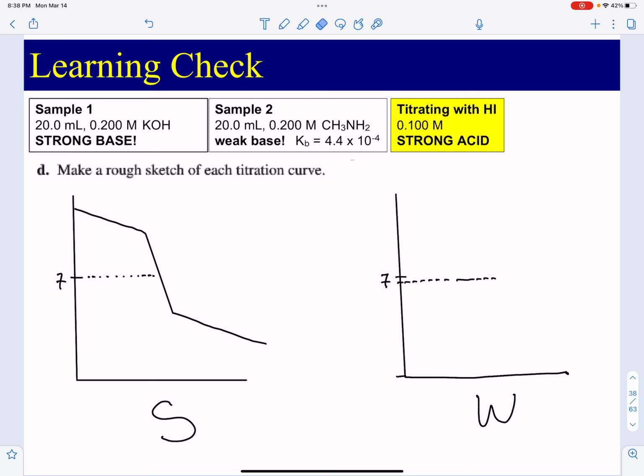And this one is the strong one. So I'm gonna make it not so pronounced. The weak one, more or less starts at the same place. The decline is smaller, and it's gonna be a more pronounced change.